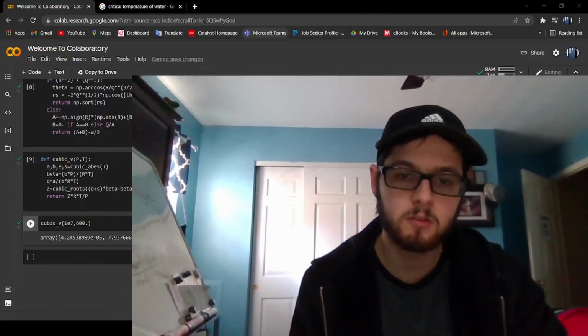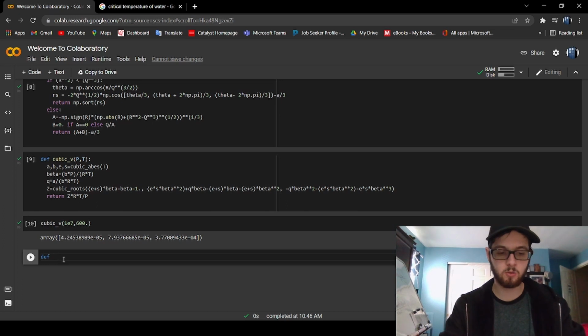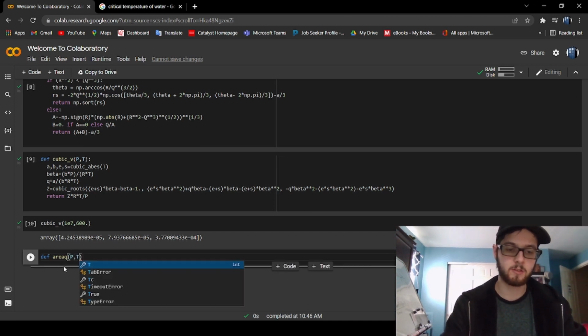Now, let me go back to what we're going to do. There's two ways to do it. One, we're going to do it using a quad function, so we're going to do area_quad, or just area_Q, and that's going to be with respect to pressure and temperature.